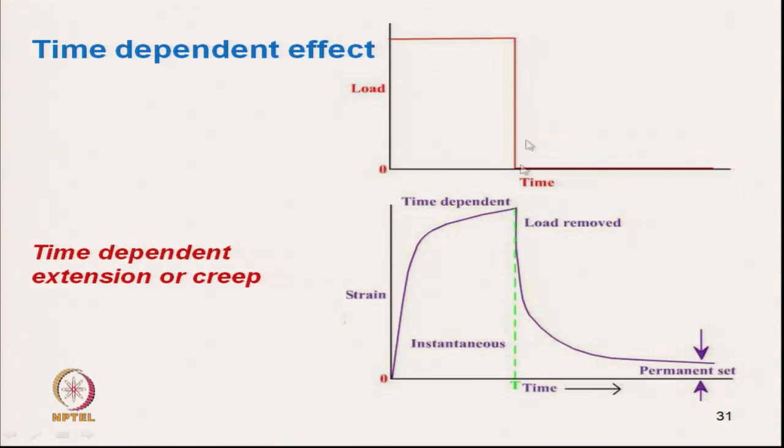After a certain time, if we release the load, again it has become 0, and it is not that immediately it will come back. It will come back slowly. Initially there will be an immediate response, a sudden drop in strain, suddenly there will be contraction, but gradually it will try to come back, but after a certain time there will be no reduction in shape or size.